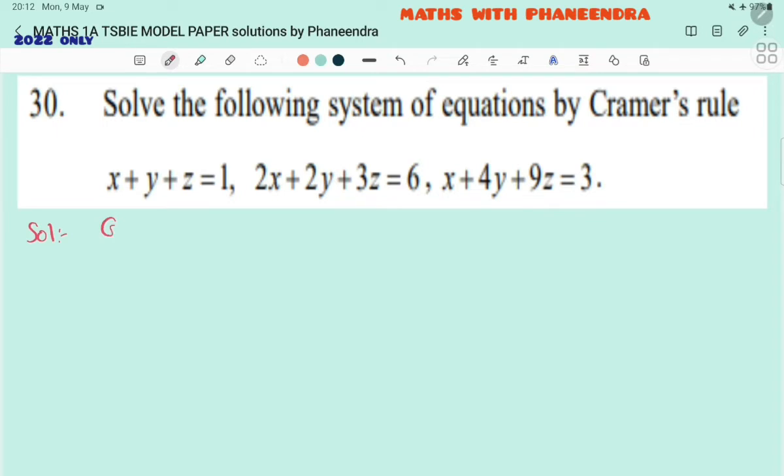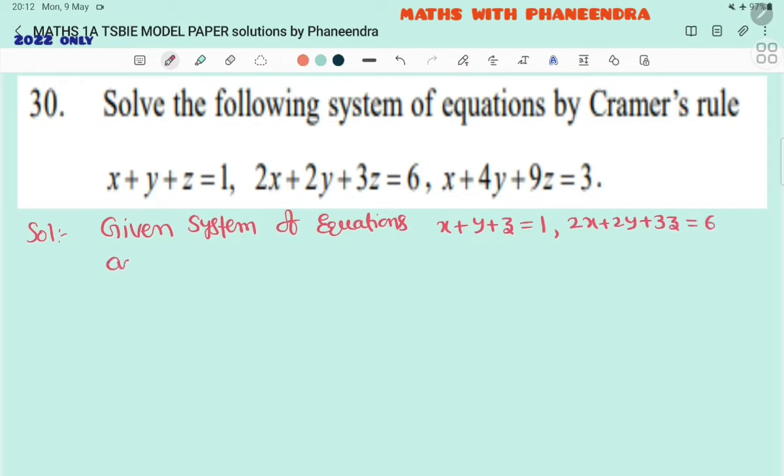So given system of equations: x plus y plus z is equal to 1, 2x plus 2y plus 3z is equal to 6, and x plus 4y plus 9z is equal to 3.